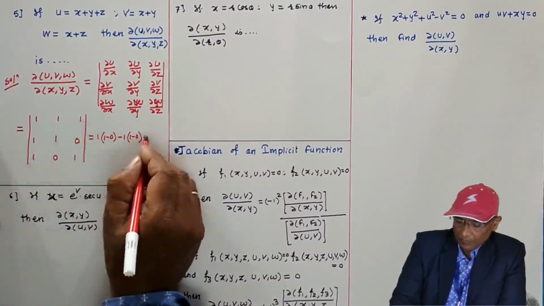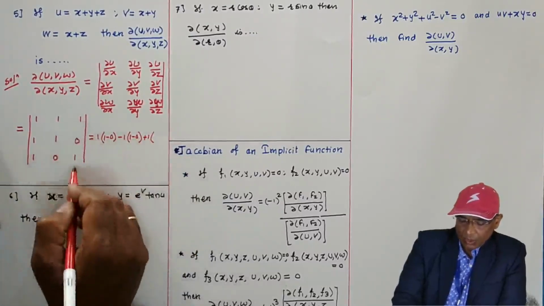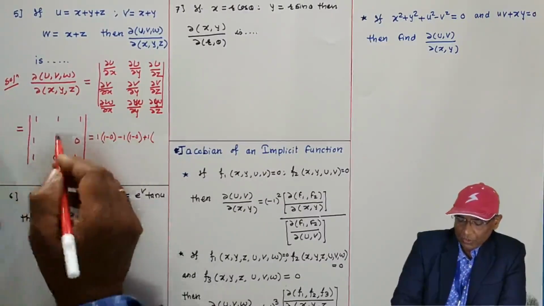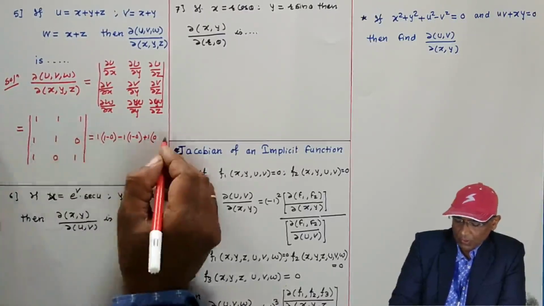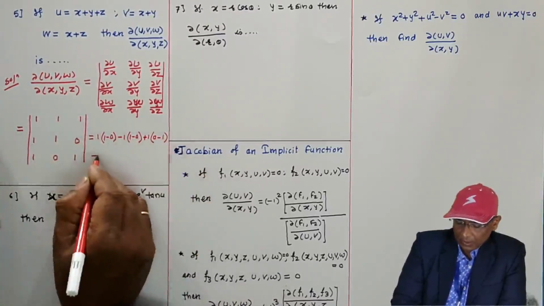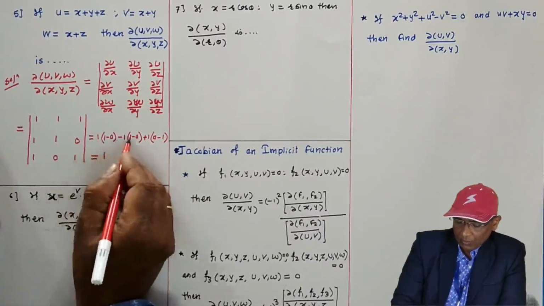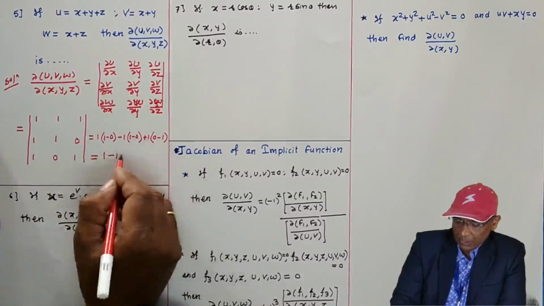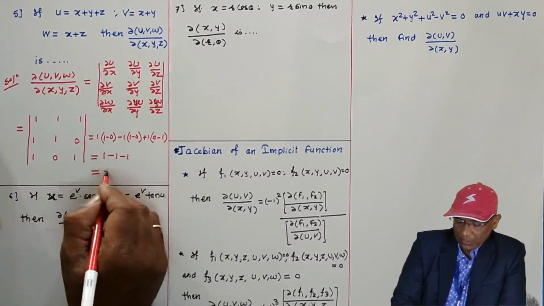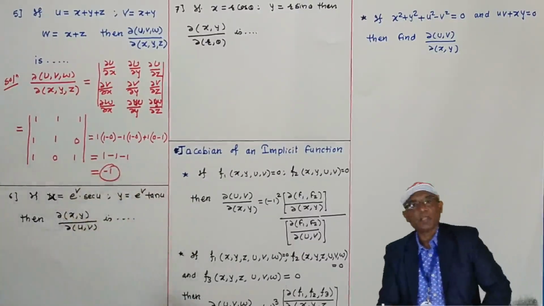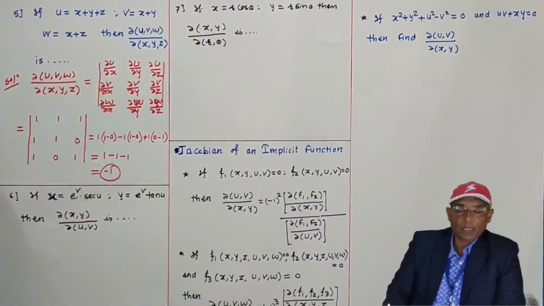This one, leaving this column and row, 0 minus 1, so minus 1. Here 1 minus 1 and minus 1. So minus 2 plus 1 is minus 1. So minus 1 is the Jacobian of del u v w by del x y z.